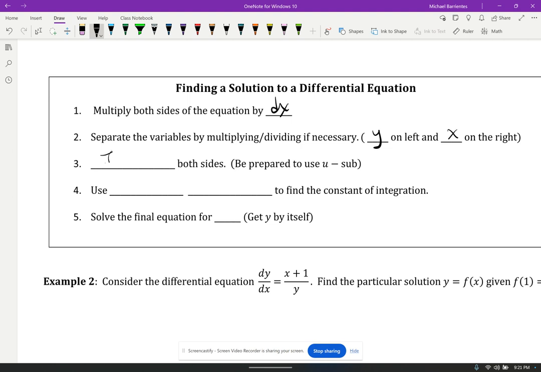We're going to integrate both sides. And then we're going to use the initial condition to find the constants of integration. And then finally, we're going to solve our final equation for y, get y by itself.